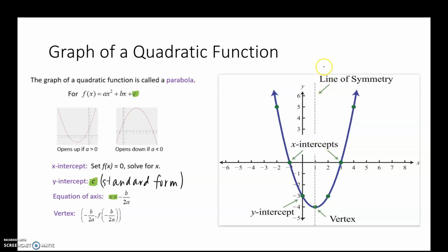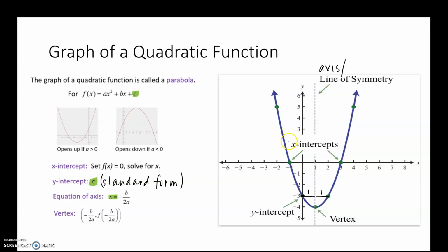Axis or line of symmetry. Okay, y-intercept, vertex, x-intercepts, and then I had used this on the last video. If I look at my y-intercept, it is 1 unit away from my axis of symmetry. That means there needs to be a point 1 unit away on the other side of the axis of symmetry.